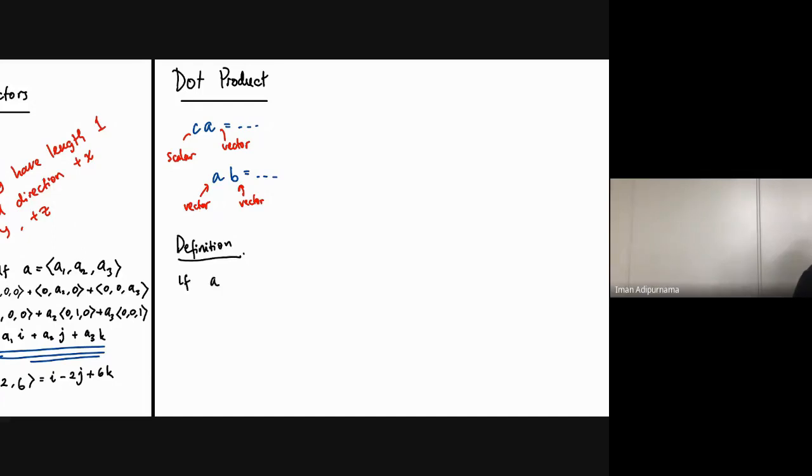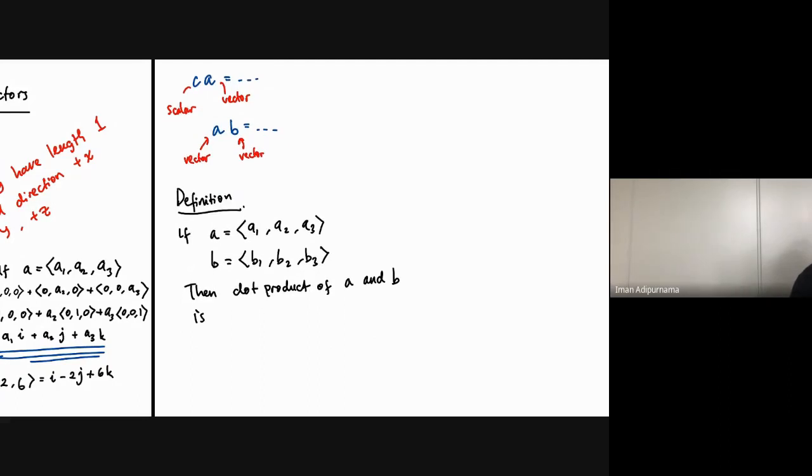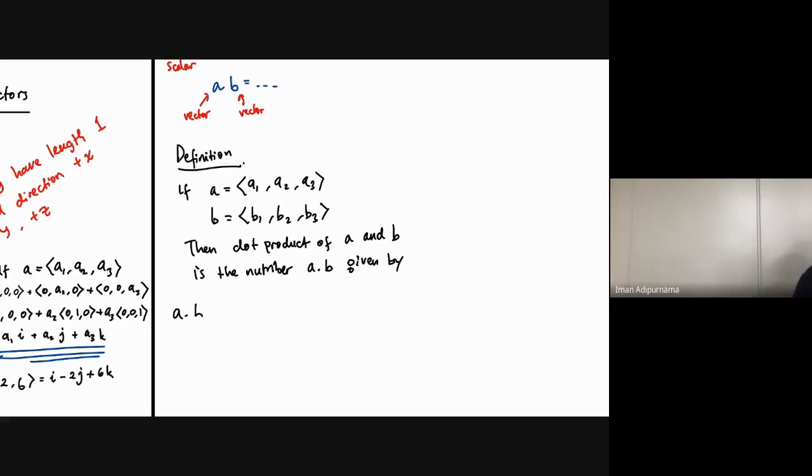If a vector A is A1, A2, A3, and B is B1, B2, B3, then the dot product of A and B is the number A dot B, given by this formula: A dot B equals A1 B1 plus A2 B2 plus A3 B3.